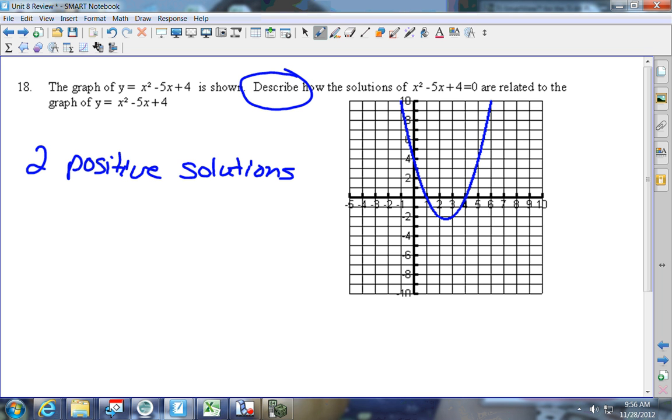No, where are the solutions on the graph? What are these on the graph? They're points, but they're the what? They're the x-intercepts. Because it said describe how they relate to the graph. Well, they relate to the graph because they're the x-intercepts.